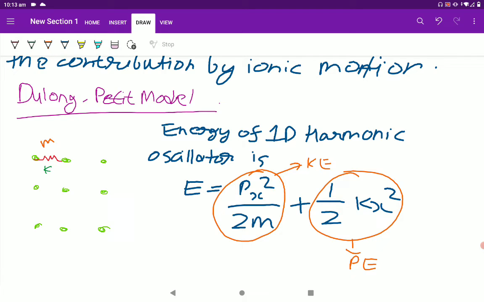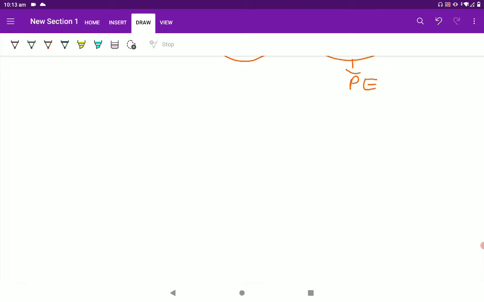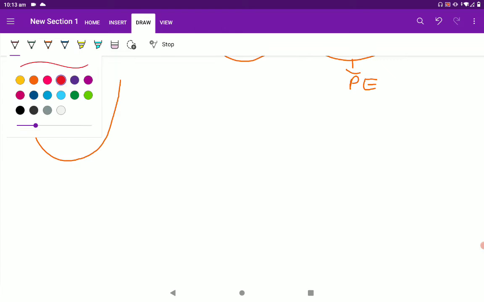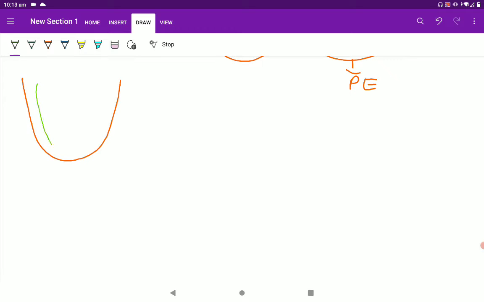Here we have a potential in this fashion, but if you approximate the bottom of the potential with a parabola, it's like having a spring. That is, the effect is the same.